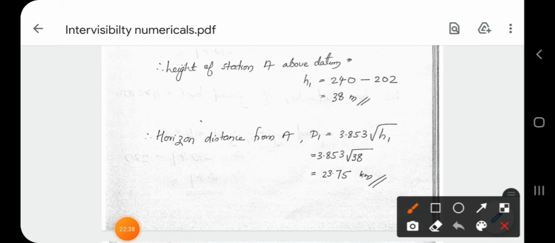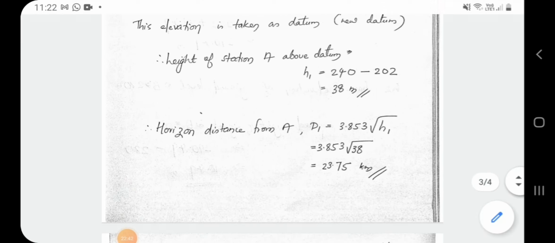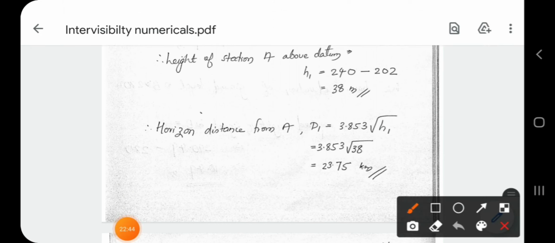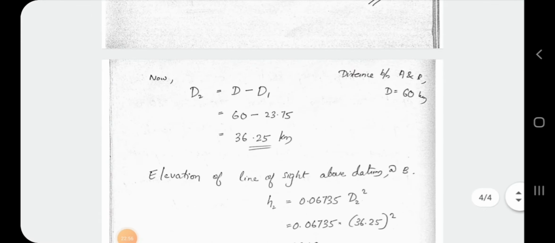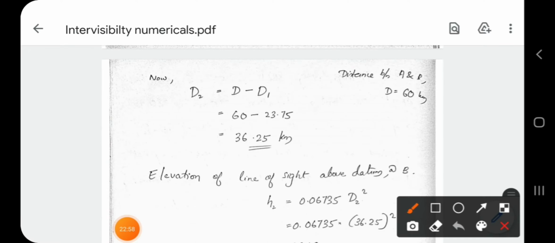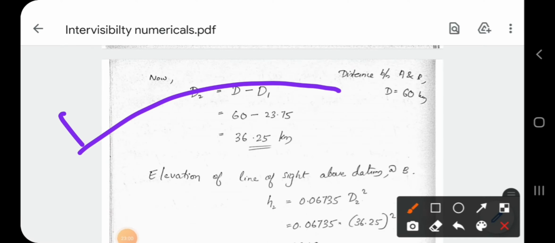Okay, and using this height we find the horizon distance. Substituting the height of station in meters, we will get the horizon distance in kilometers, 23.75. Okay, D1 we found out.